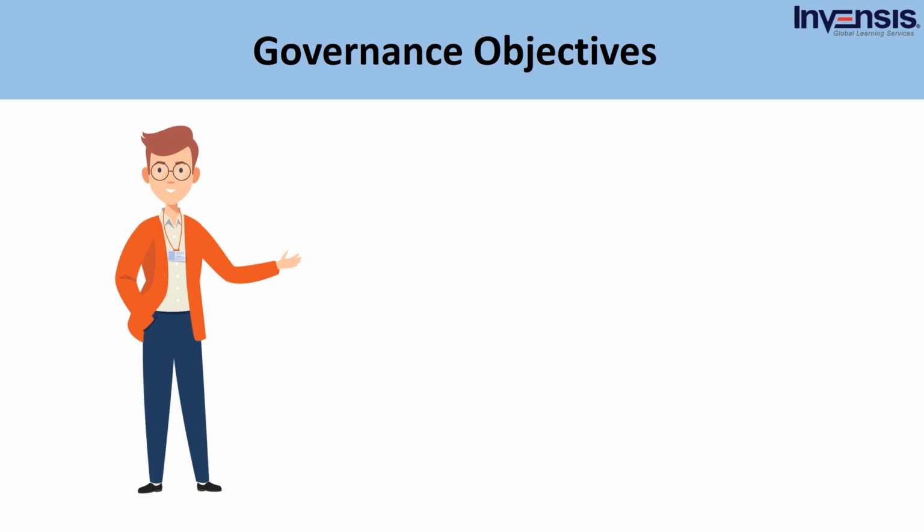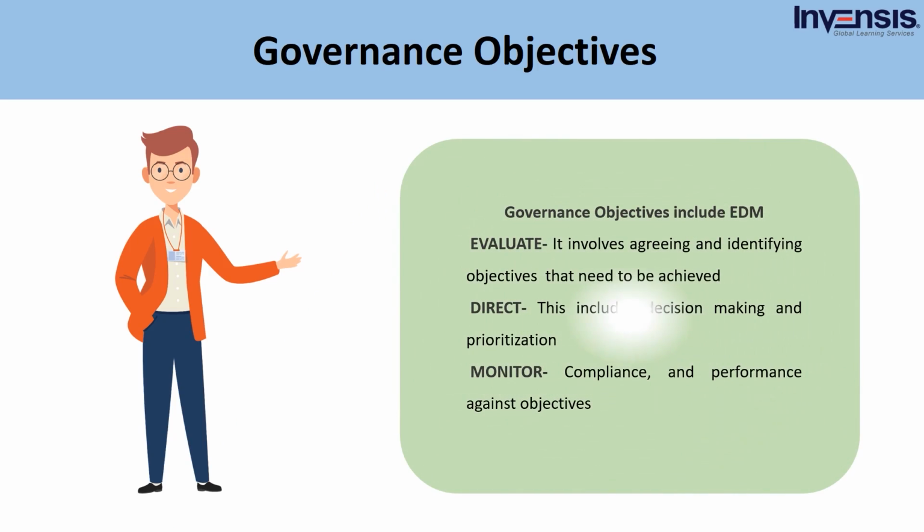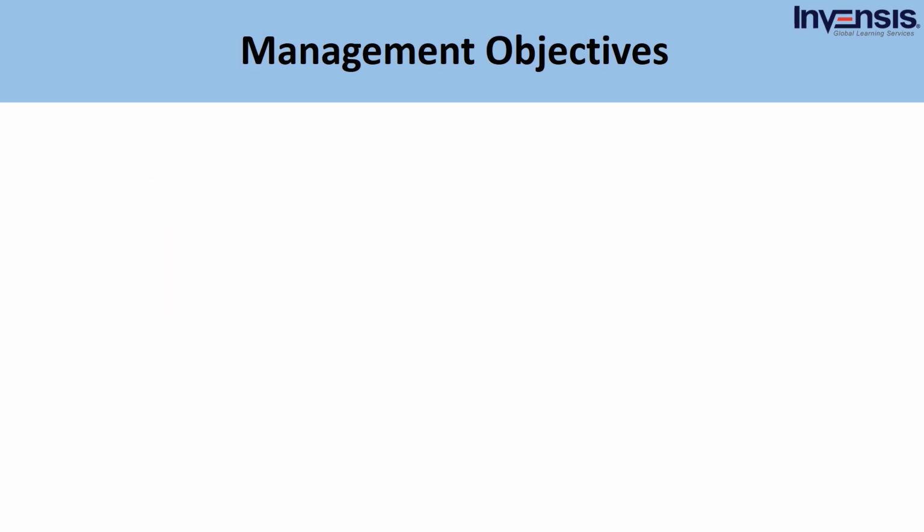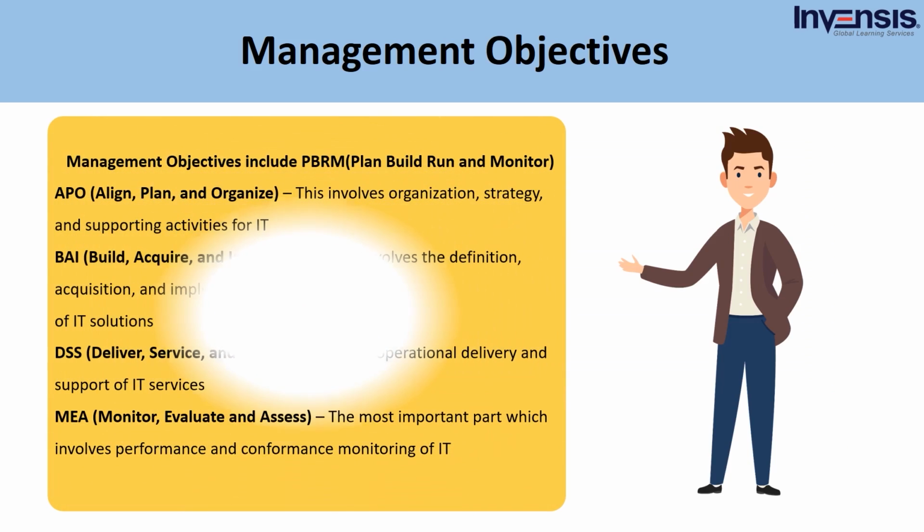Let's discuss governance objectives. Governance objectives include EDM: evaluate, which involves agreeing and identifying objectives that need to be achieved; direct, which includes decision making and prioritization; monitor, that includes compliance and performance against objectives. Let's discuss management objectives. Management objectives include PBRM, which is plan, build, run, and monitor.